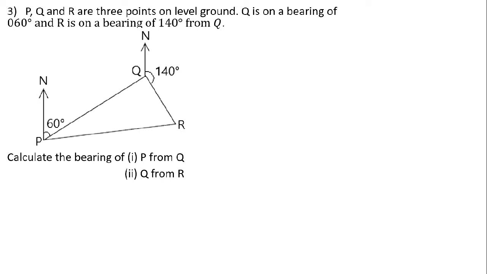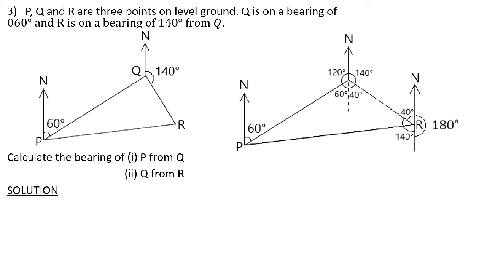So take it step by step. We'll do what we did in the first, second questions. So we'll make our reference from the north. When we make our reference from the north, we know that a straight angle is 180. So to find this angle, we are going to subtract 180 minus 140, which is going to give us 40.